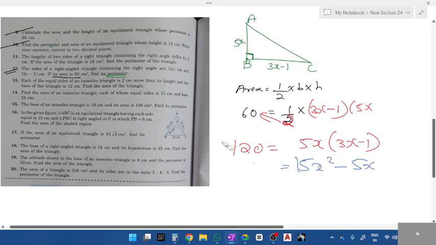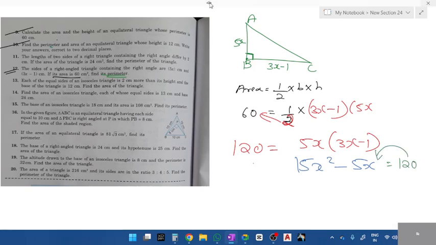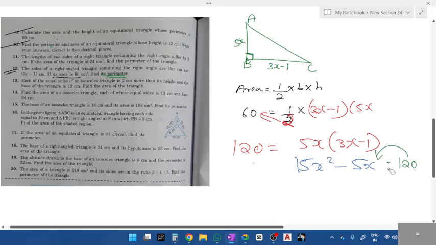Shall I write 120 on the other side? Now bring 120 to the left hand side, students. What do you get? 15x square minus 5x minus 120 is equal to 0.